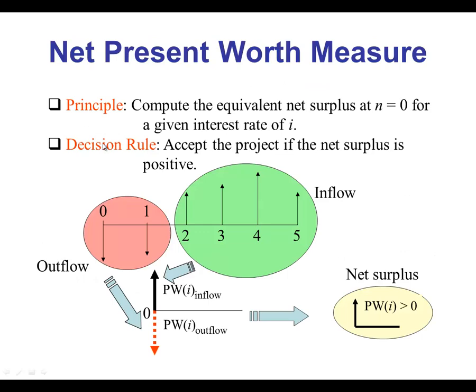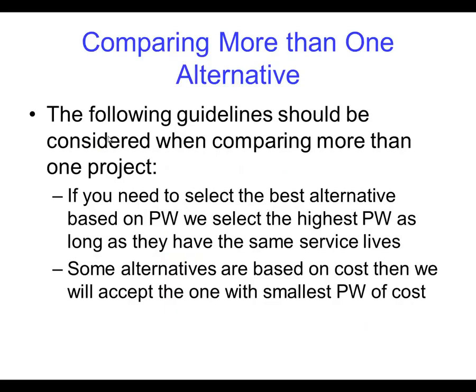So the main principle is to calculate the net present worth or net present value at n equal to 0 with a given interest i, and then we take the proper decision, which is to accept the project if the net surplus is positive and reject if it's negative. What if we have more than one project or alternative?